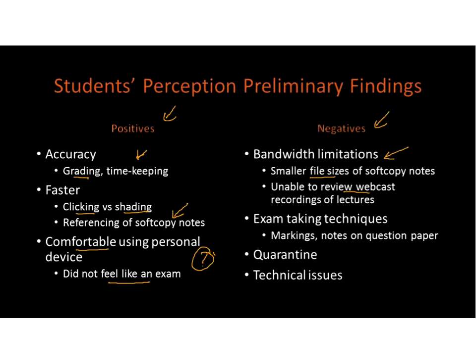With an E-exam, they found that when they came back to the question, they had forgotten what they had eliminated. So it's a matter of getting used to it, right? So this was something that was mentioned.